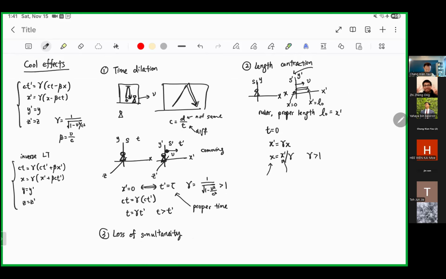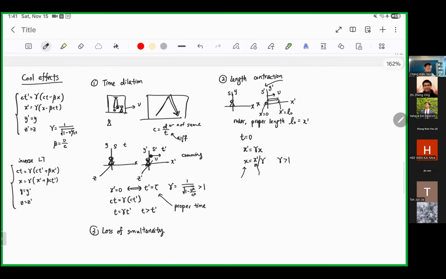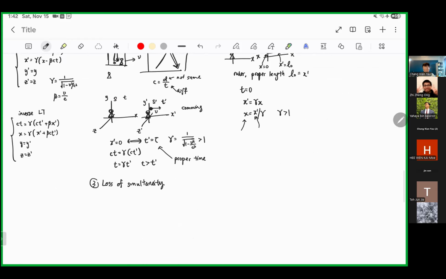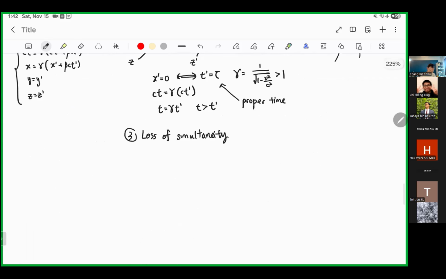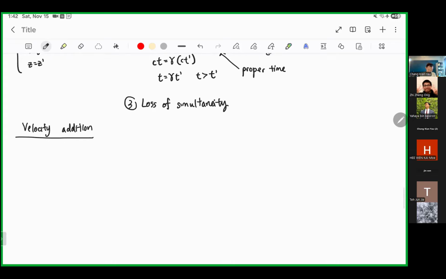All right, so we're done with the cool effects part, and then we can move on to velocity addition. Same thing, I have two frames, S and S prime.